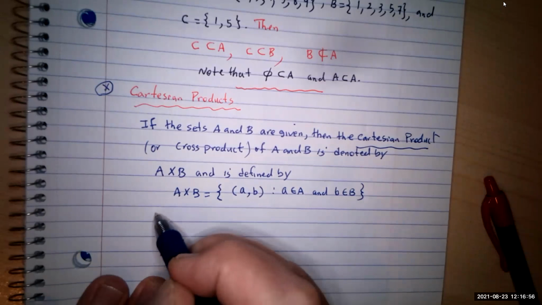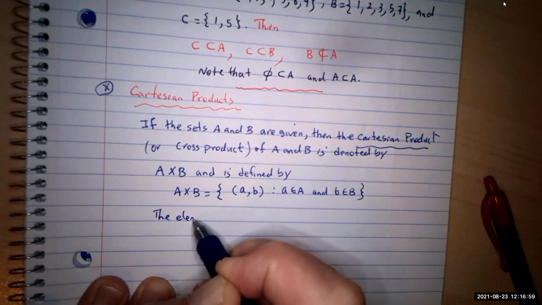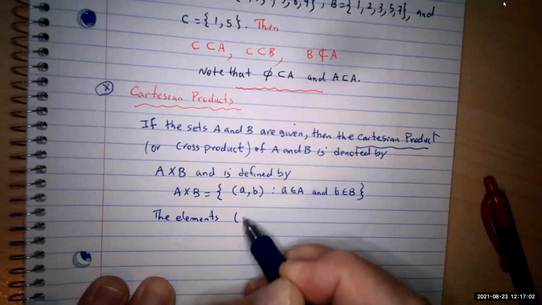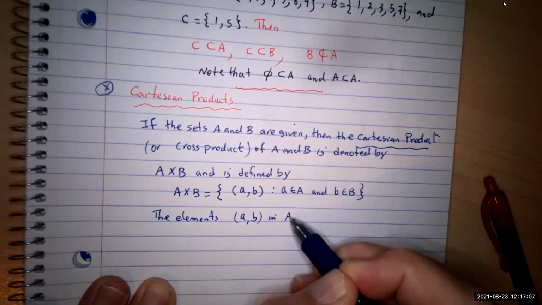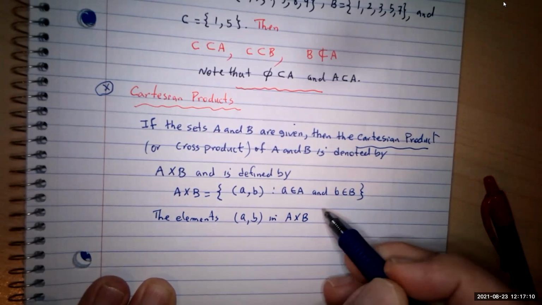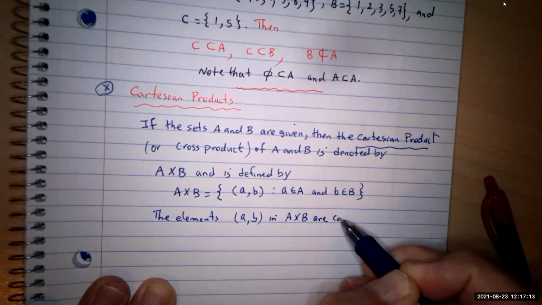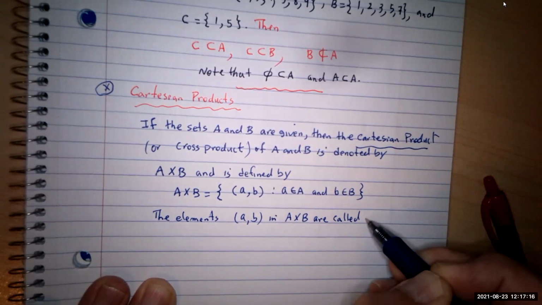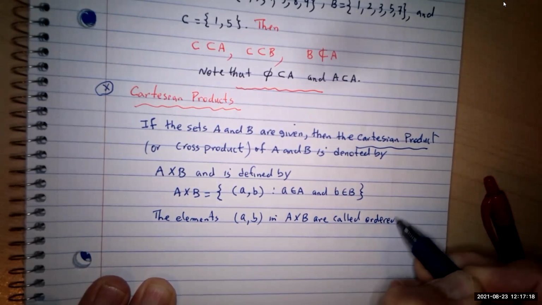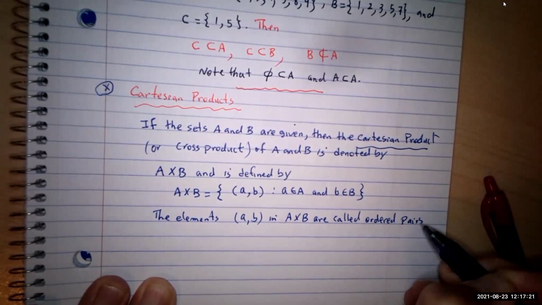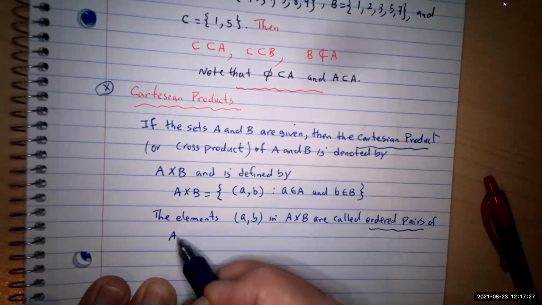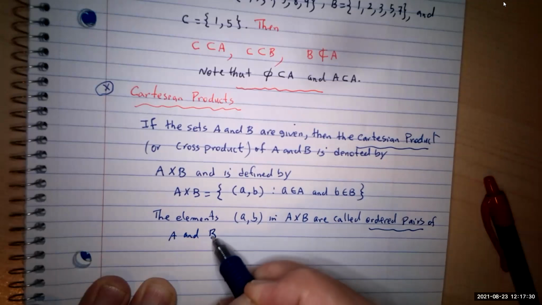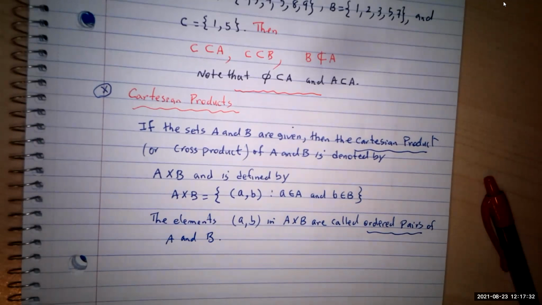These elements (a, b) in A cross B are called ordered pairs of these sets A and B.